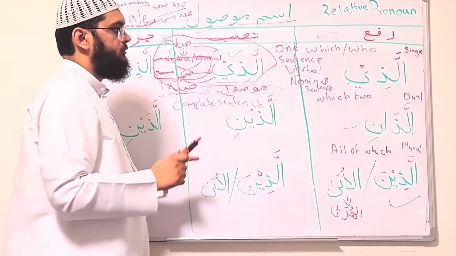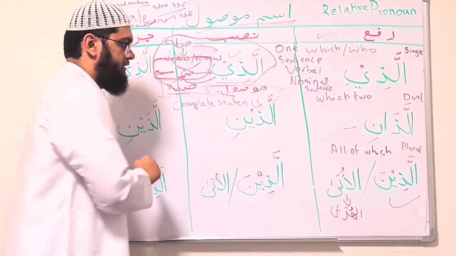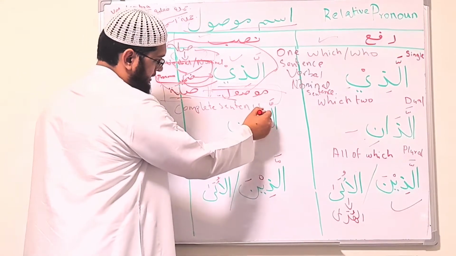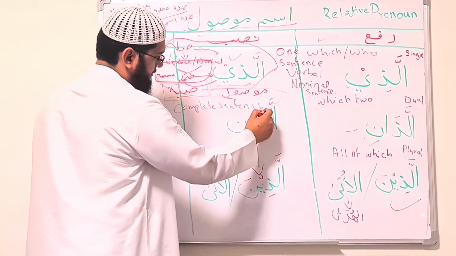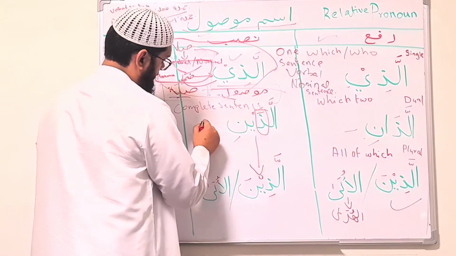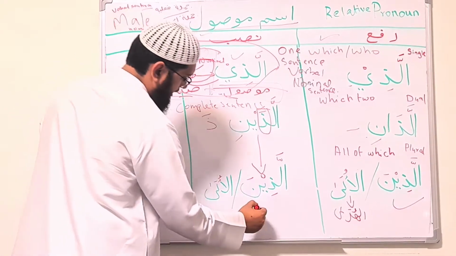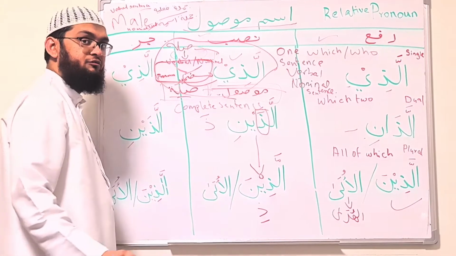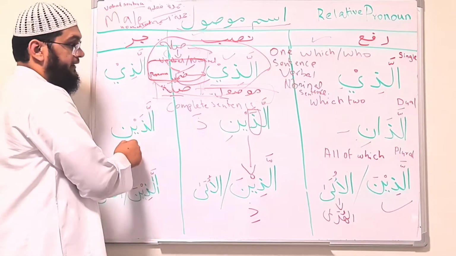When we come to dual, we have alladhani, alladhayni, alladhayni. Just beware, don't confuse alladhayni and alladhina. The difference is that here we have fatha on the dal, and here we have kasra on the dal. So alladhayni, and in the state of jar alladhayni.